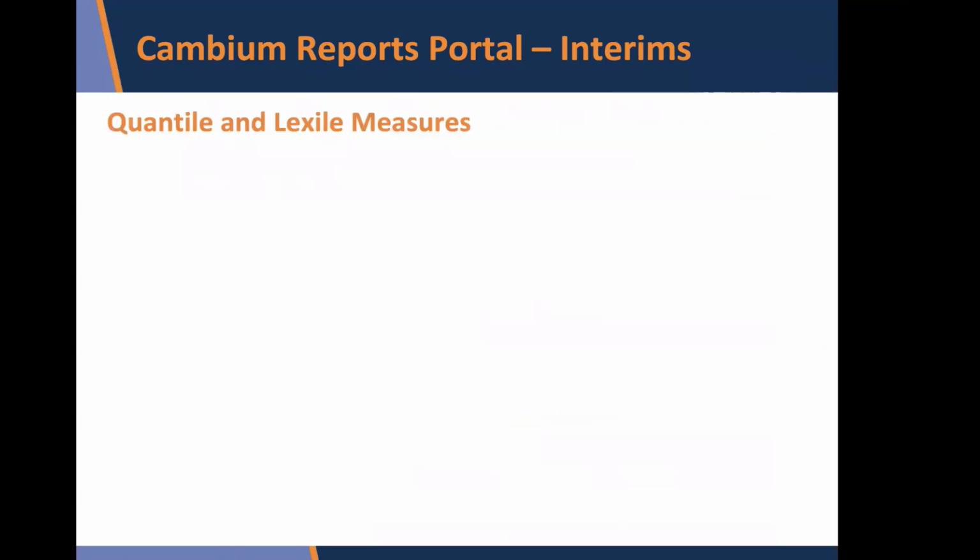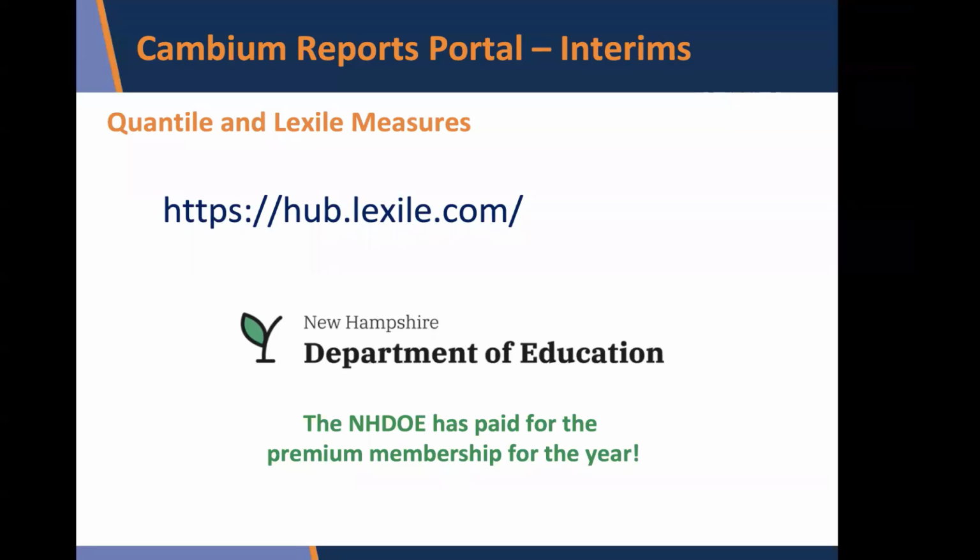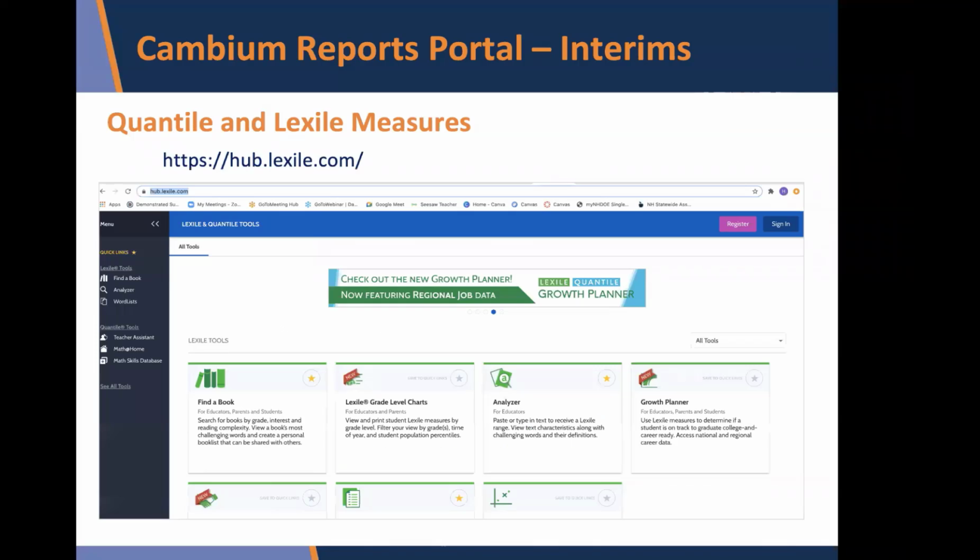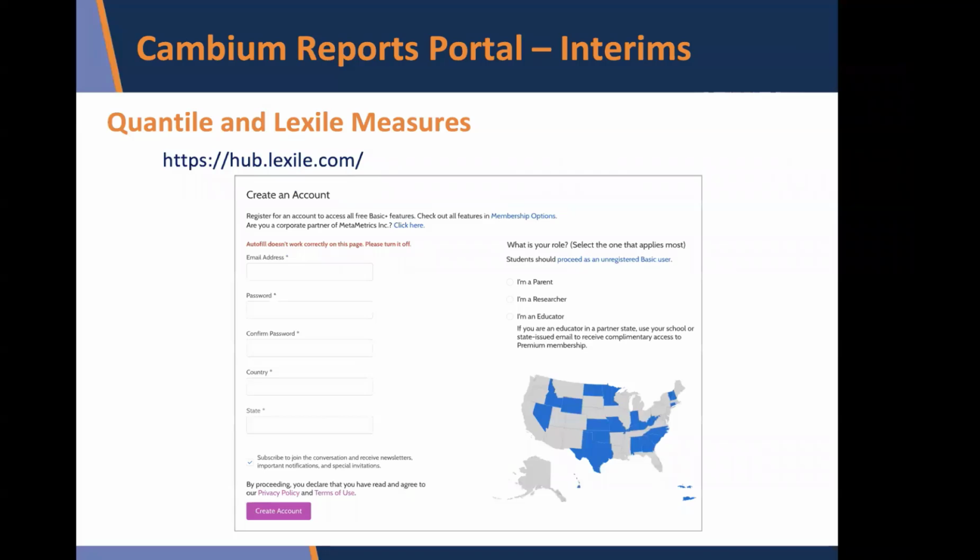I wanted to point you in the direction of the Department of Education, the New Hampshire DOE, has purchased a premium membership for everybody on this particular website. It's hub.lexile.com. And they paid for this membership for the year. I wanted to show you how you can take a peek at this. You just register.